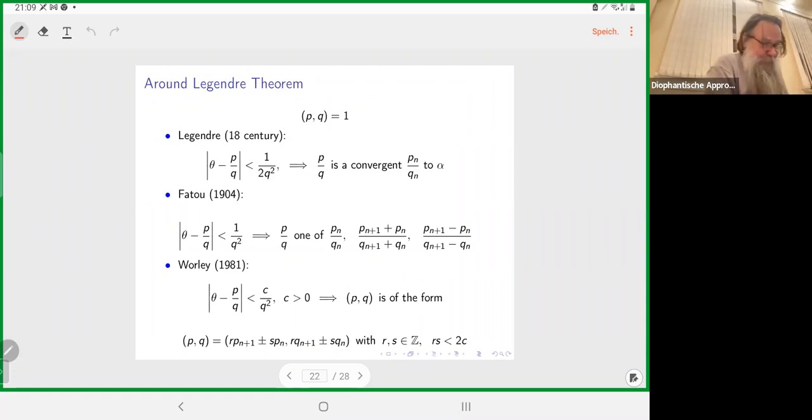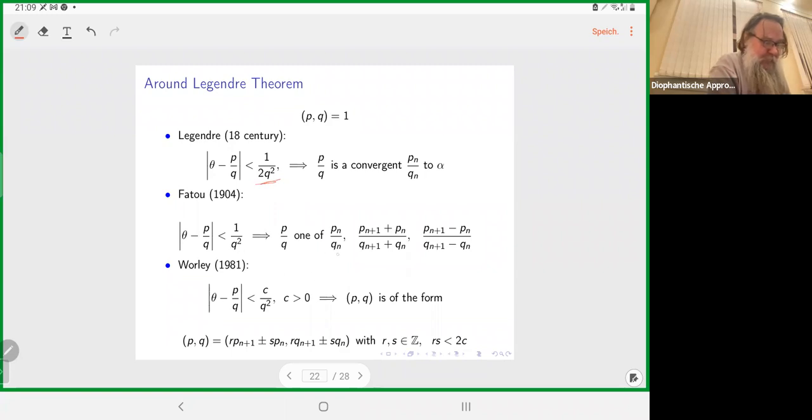So I recall your famous Legendre theorem about the structure of these 1 over 2Q² approximations, that they are convergents. A less known result is due to Fatou, which describes all the approximations with 1 over Q².